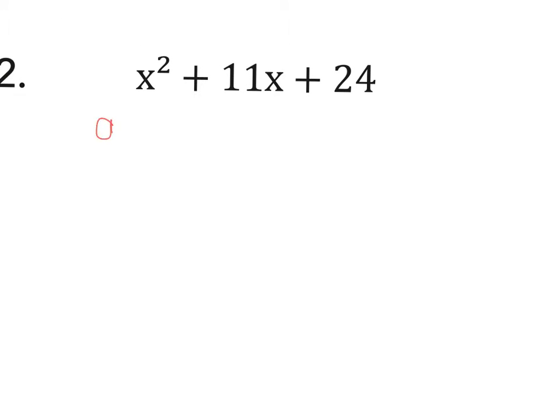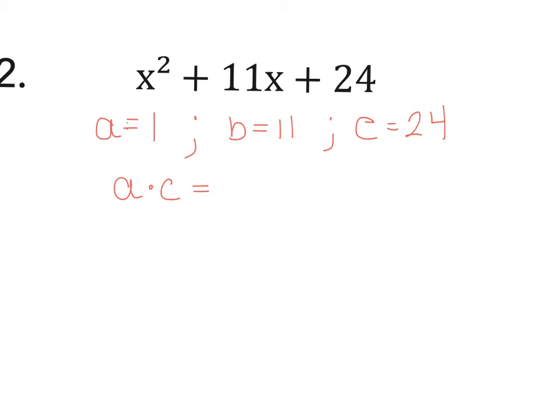For A, because we don't see anything with the x squared term, we know our value of A is 1. The value of B is 11, and C is 24.